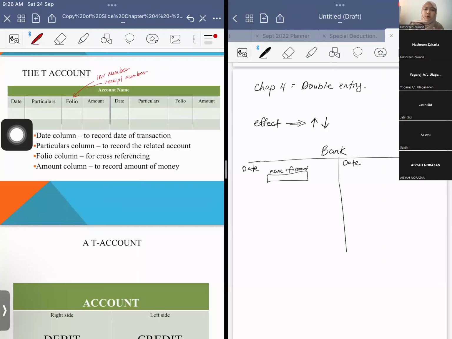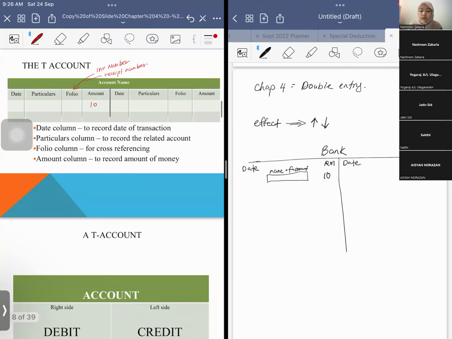Let's say just now Jatin bought a pencil at a cost of 10 ringgit. So the amount should be here, RM 10. So that is the format of a T account.